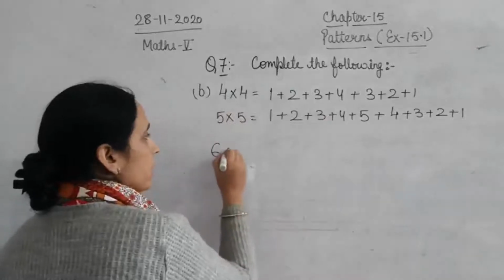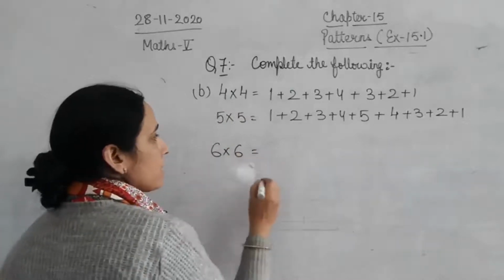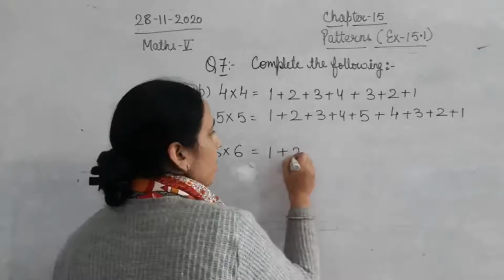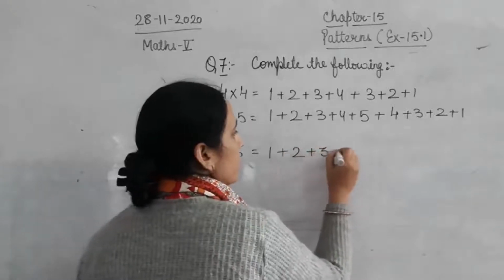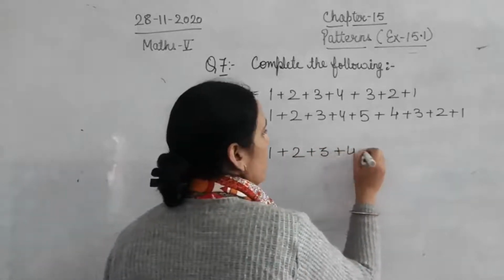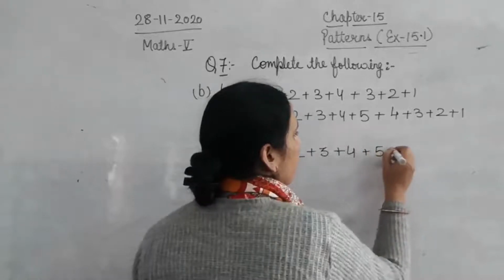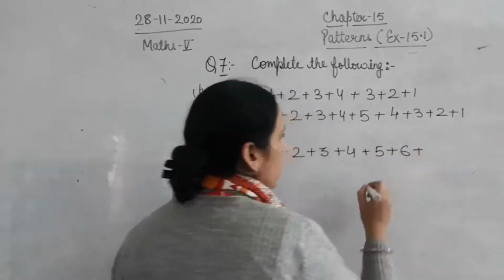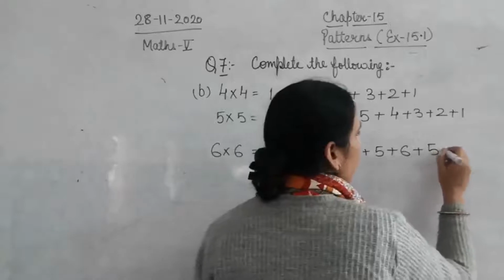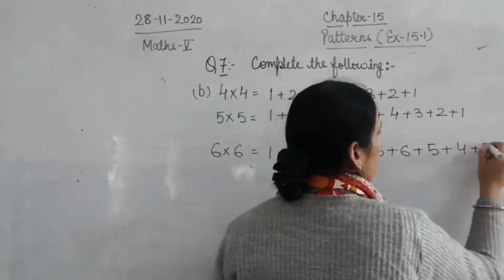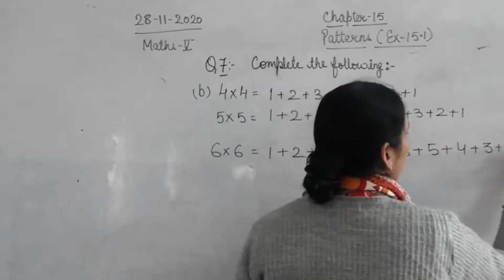Now we'll come to the next, 6 multiplied by 6: 1 plus 2 plus 3 plus 4 plus 5 plus 6, then 5, 4, 3, 2, 1.